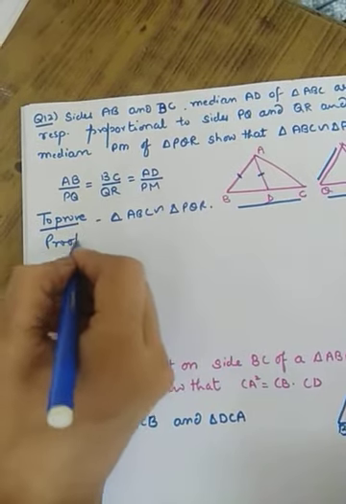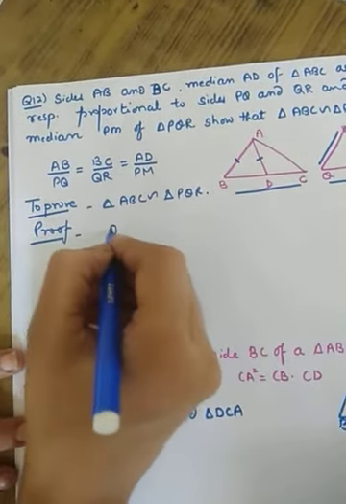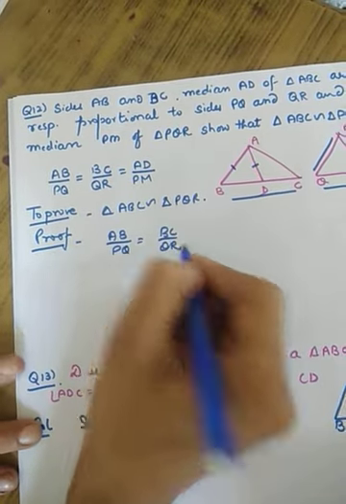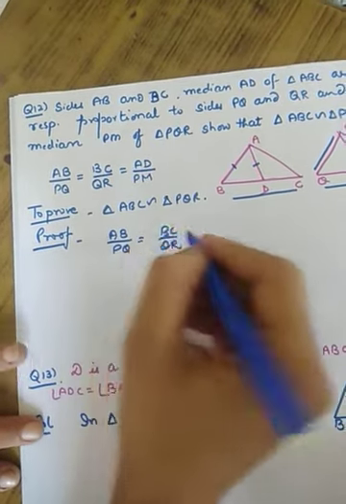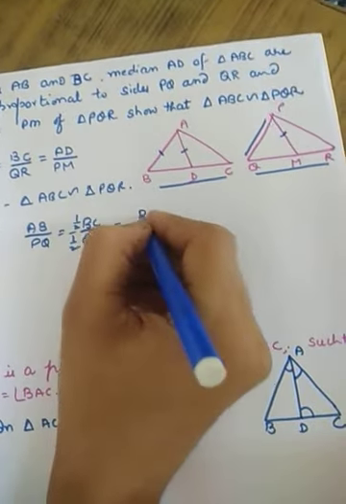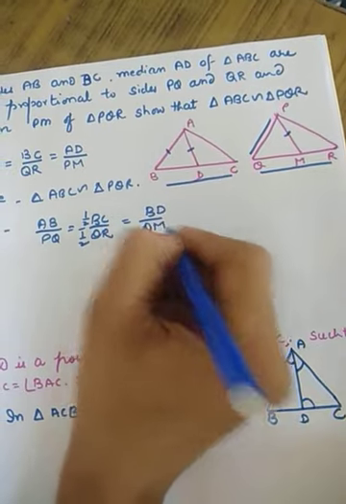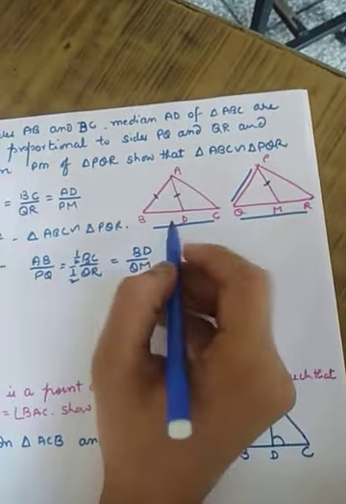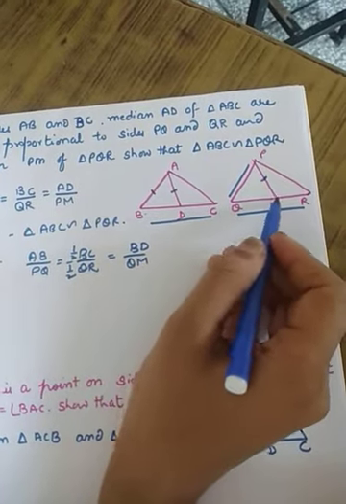So what will you take in the proof? We know that AB upon PQ is equal to BC upon QR. If I take half of both, half of BC and half of QR, I can take it as BD upon QM, because D and M are midpoints of BC and QR. If complete sides are proportional, then with the median, half of them will also be proportional.